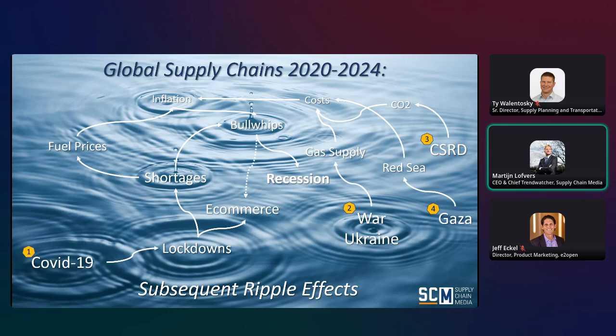So Jeff, if you look at this kind of landscape and how this is evolving, what is your take on this market and what is needed for companies in this space? Well, I think this highlights the fact that global supply chain disruptions are going to continue to happen and continue to happen at scale. And each of those that you see there have different time horizons. So when these happen, our brands are really forced to really understand what's going on.